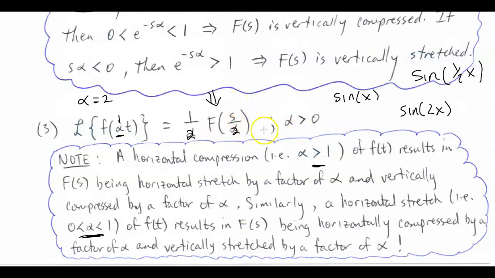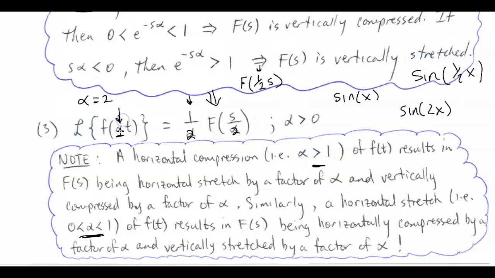So what we essentially have in this case is f of 1/2 s. The 1/2 here lets us know that we have a horizontal stretch, and here, because we have the 1/2, this is the vertical compression.